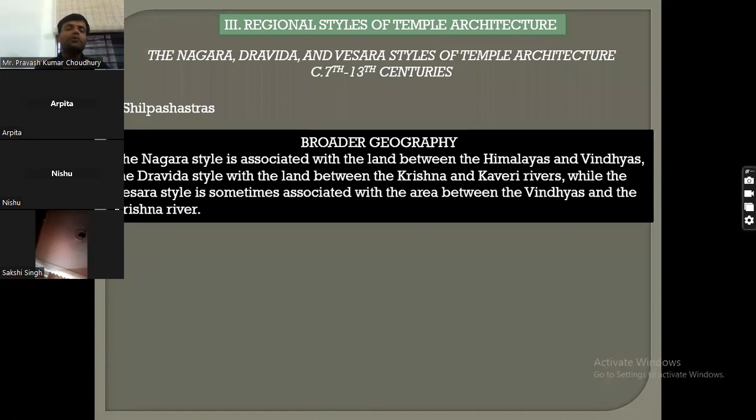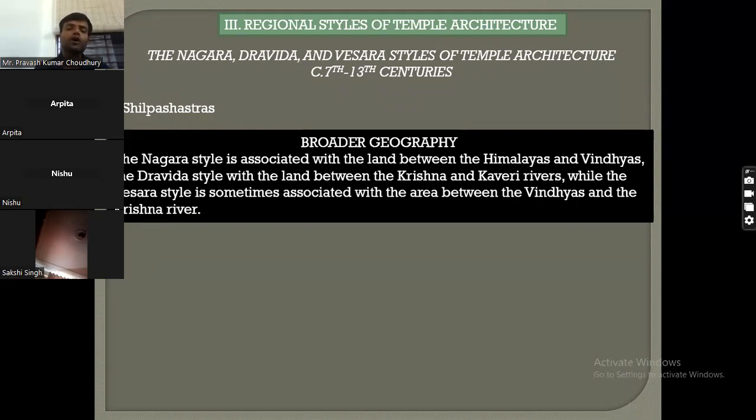So we have, broadly speaking, the period after the 7th century CE, which continued till the 13th century CE. So most of the early historic grand temple remains or temple sites that we are coming across in the Indian subcontinent mostly belong to the time period 7th to 13th century CE.